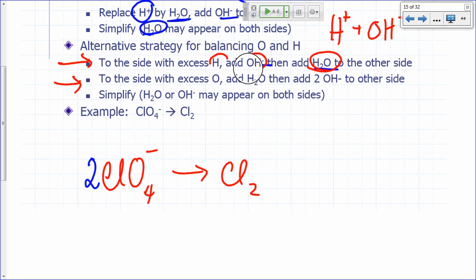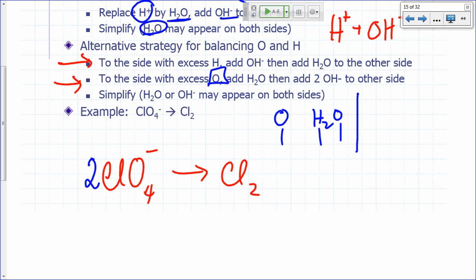If you have an excess oxygen on one side, combine that with H2O, add more H2O to that side. What happens to the other side? You got 2 oxygens and 2 hydrogens. To balance that on the other side, you add 2 hydroxides to the other side. So for every extra oxygen, I add water. So which side has an extra oxygen here?